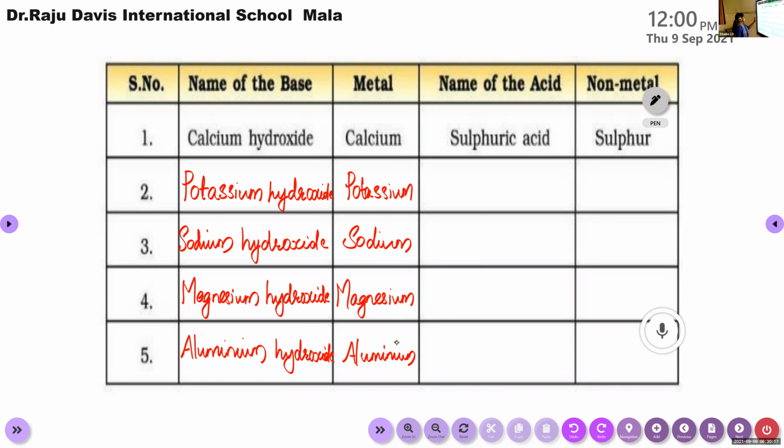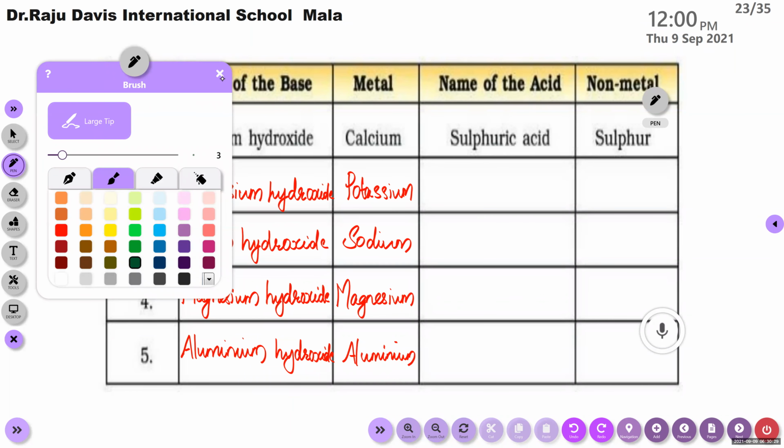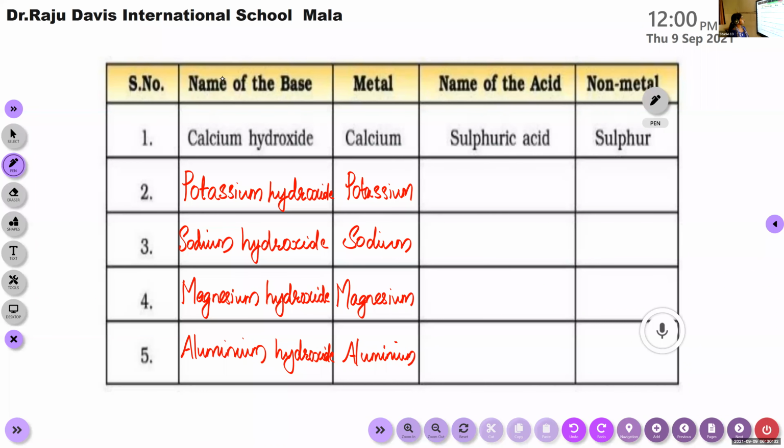So that's about the name of the base and the metal present in each base. Then we are moving to name of the acid and the non-metal. Finished? Yes, ma'am.